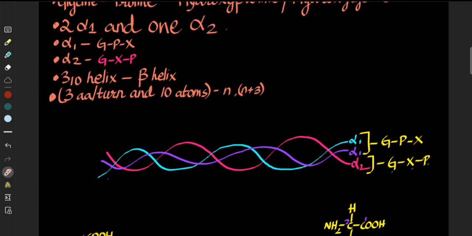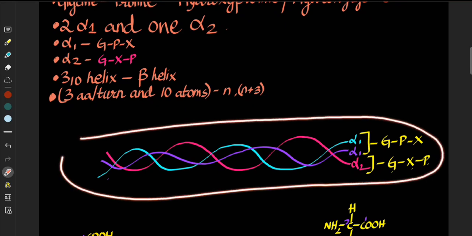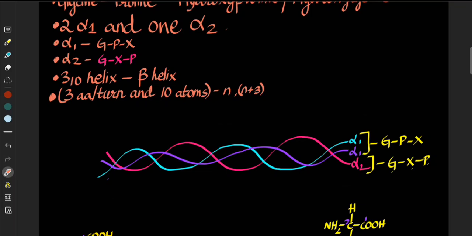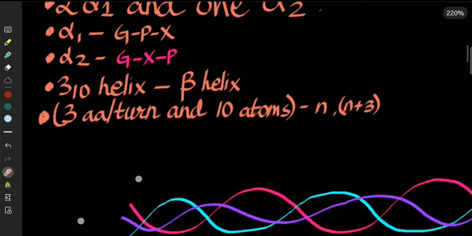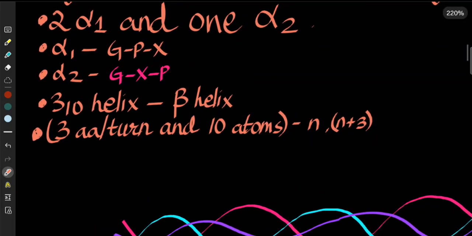Now if you go to my previous video about the alpha helix, the helical structure found in amino acids, you'll be able to understand why this is called a beta helix. The reason is that the helical structure contains 3 amino acids per turn, therefore it is known as 3. And then in the subscript we have the presence of 10 atoms, right?